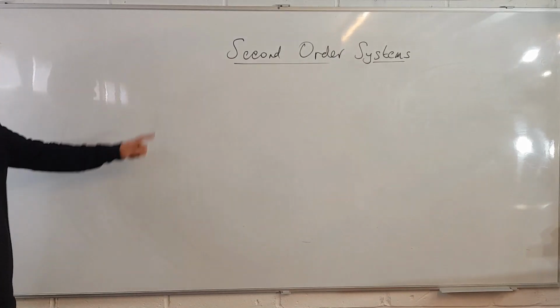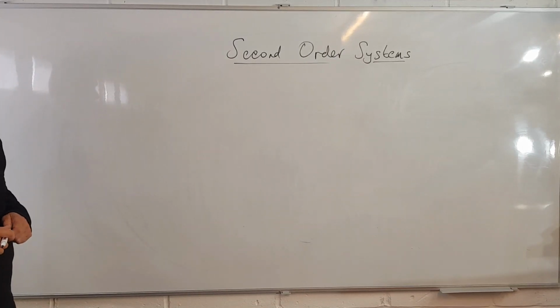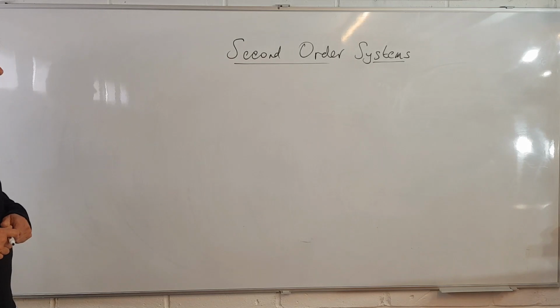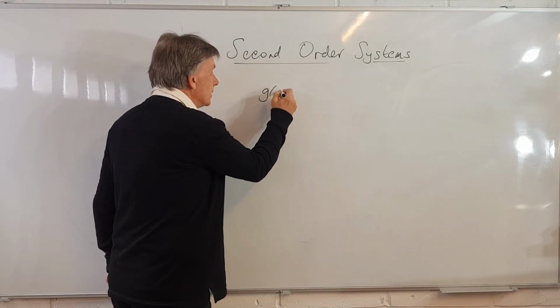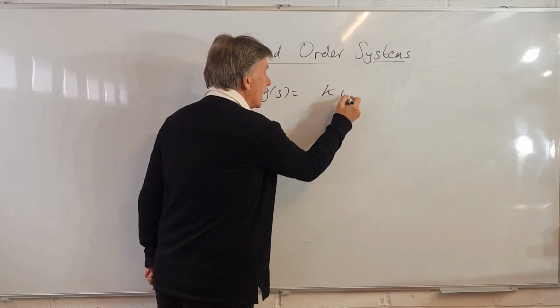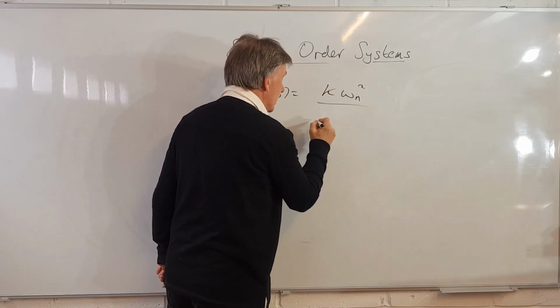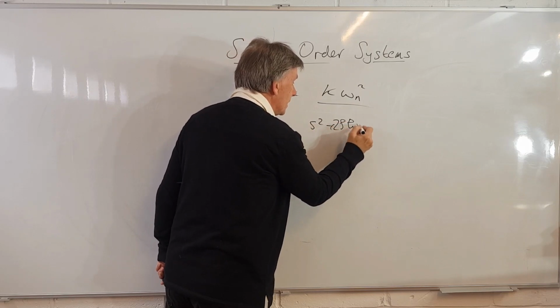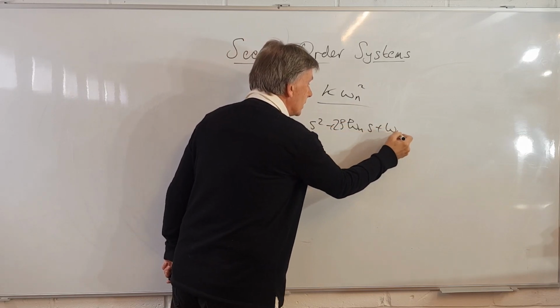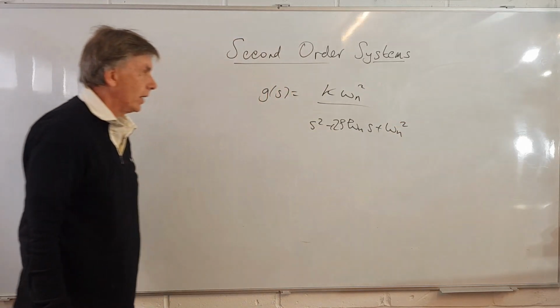Good afternoon. Today's lecture is on second order systems, and these have a transfer function of the following form: G(s) is given by K omega n squared over s squared plus 2 zeta omega n s plus omega n squared.